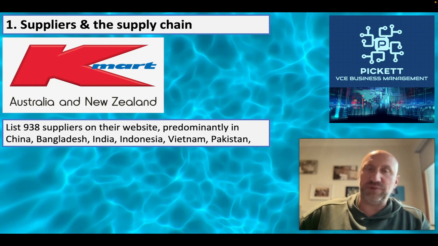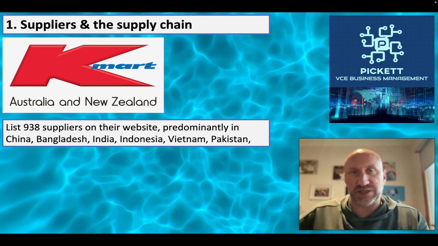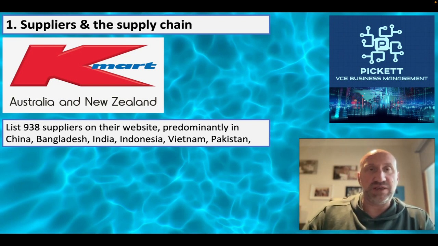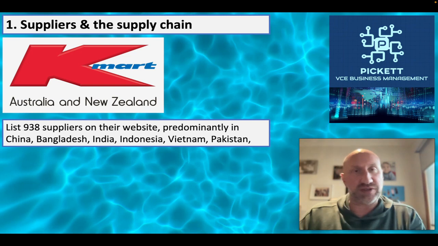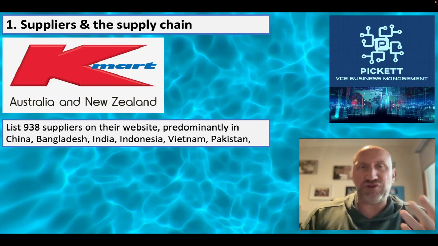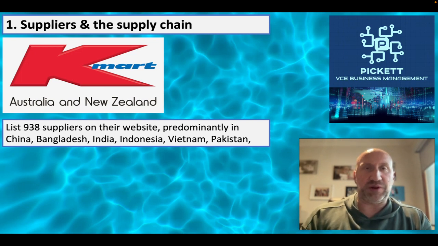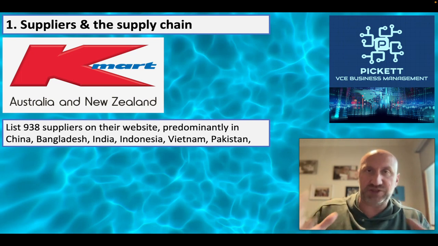Okay, predominantly in China, Bangladesh, India, Indonesia, Vietnam, Pakistan. So obviously Asia, very heavily represented. But there are suppliers from further afield as well, other parts of the world. But 938 different suppliers involved in supplying Kmart with the stuff that ends up in the stores that we then buy from.